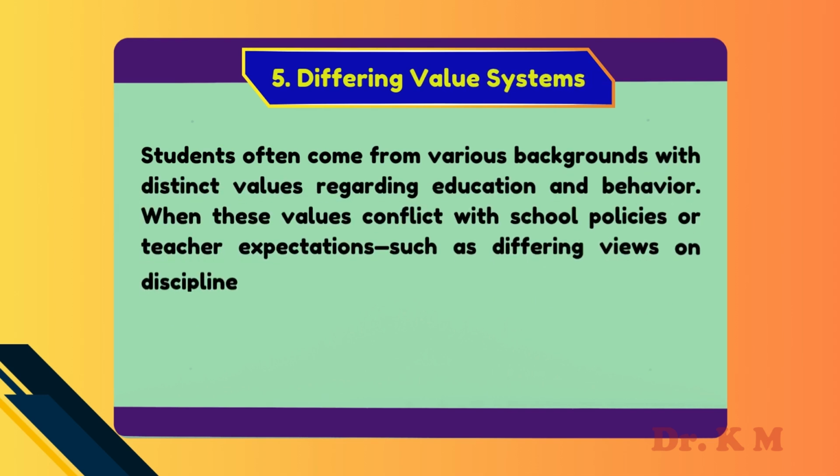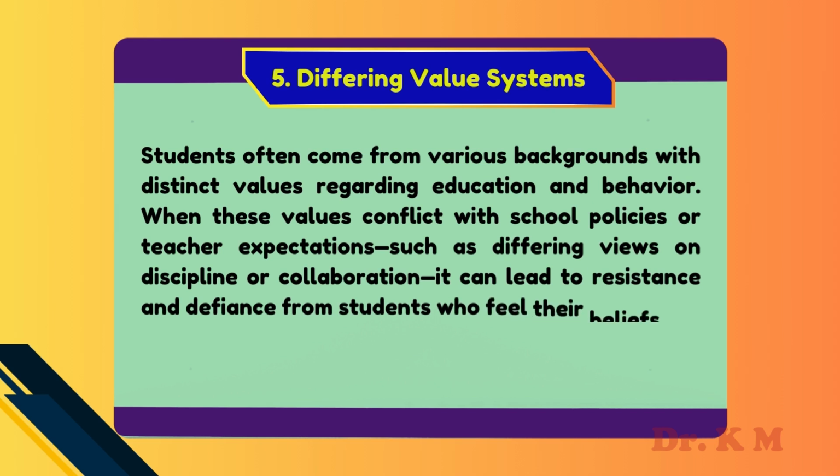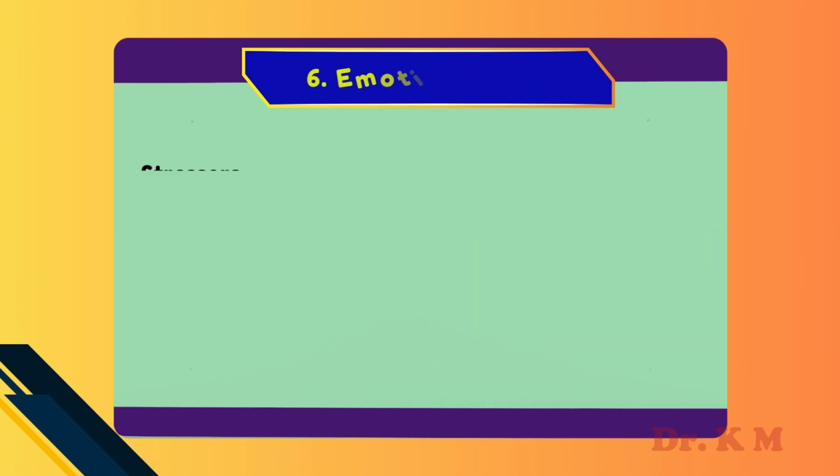5. Differing value systems. Students often come from various backgrounds with distinct values regarding education and behavior. When these values conflict with school policies or teacher expectations, such as differing views on discipline or collaboration, it can lead to resistance and defiance from students who feel their beliefs are not being respected. 6.